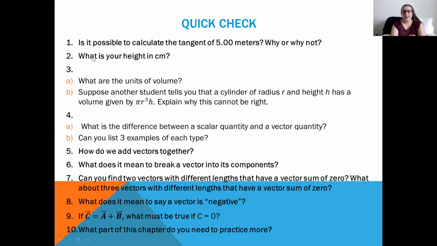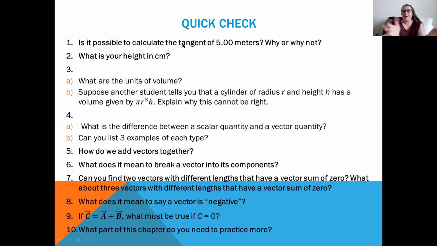All right. So hopefully that gives you a little bit of perspective as to the types of questions that you might be asked to do on a quiz or a test. These are, for the most part, conceptual problems. I didn't ask you to do really any calculations except for number 2, your height in centimeters. You probably know your height in inches if you are American.